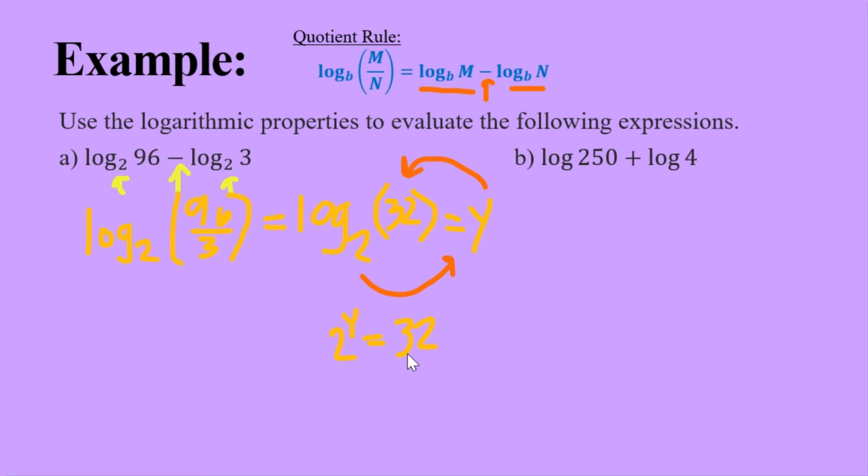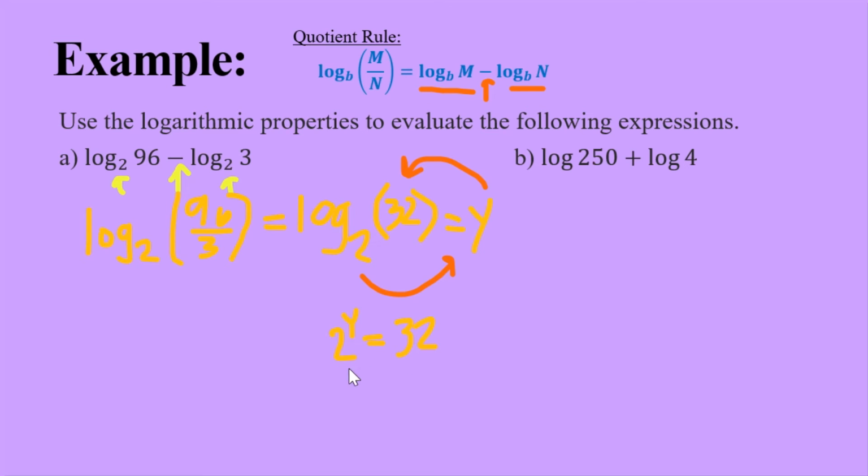So let's see if we can get equal bases. We have a base 2 on this side, and over here we technically have a base of 32. So let's see if we can rewrite this base of 32 as 2 to some number. Usually we want to go with the smaller base of the two. If we can get them to have a common base, that's the goal.